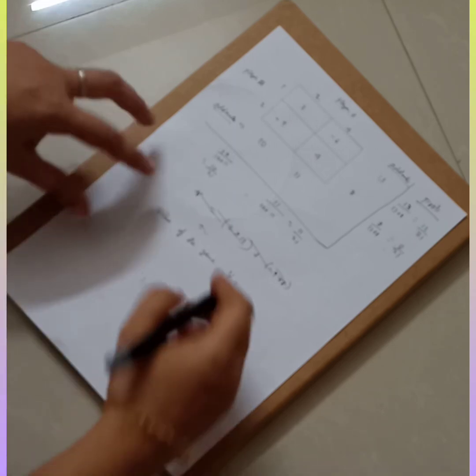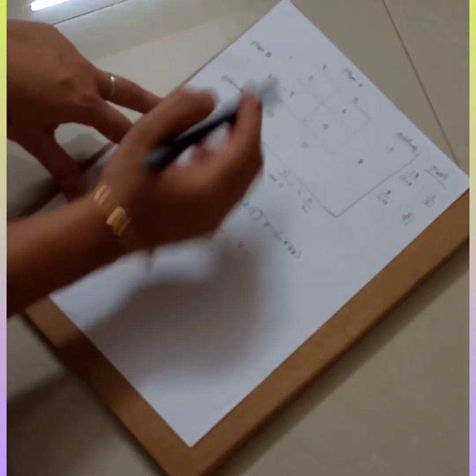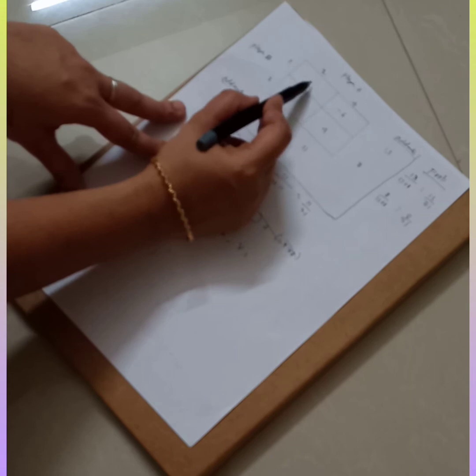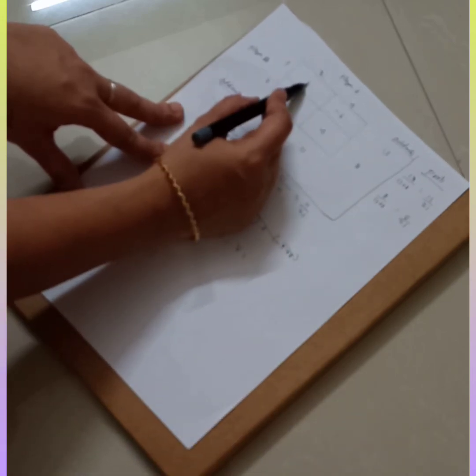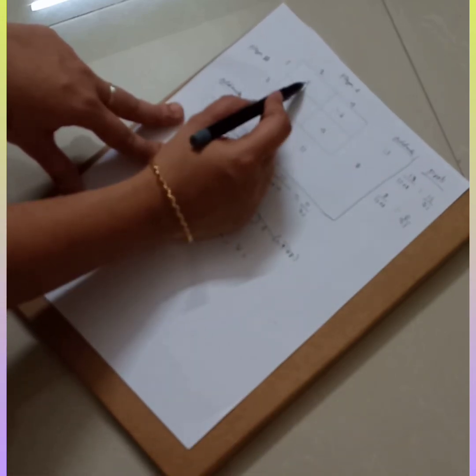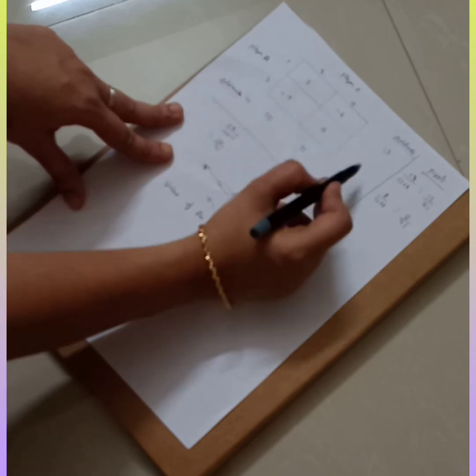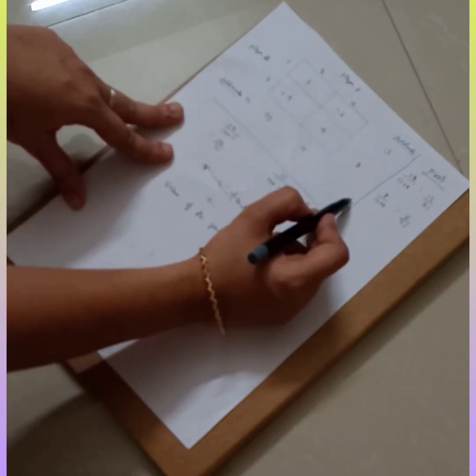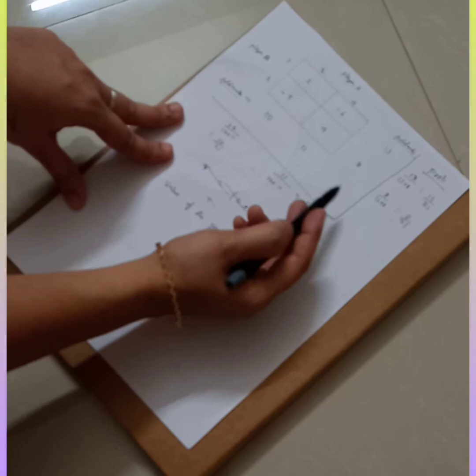Now we need to find the value of the game. You have different methods of finding the value of the game. I am choosing the first method, that is 2 into 13 plus minus 9 into 8, the whole divided by 13 plus 8.